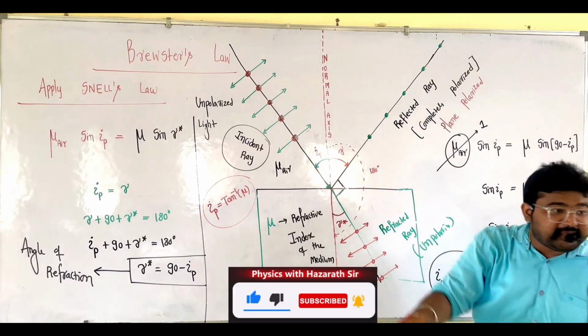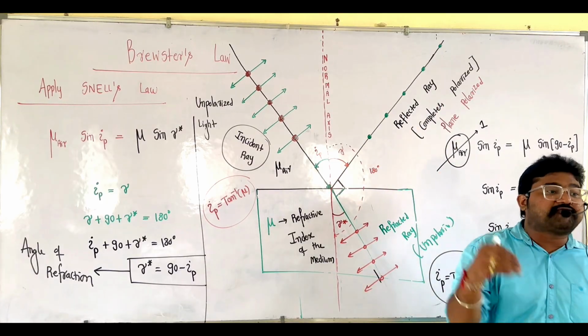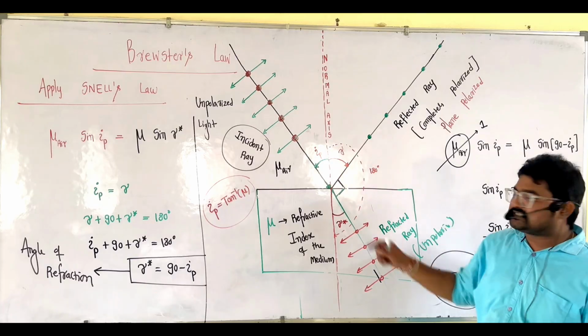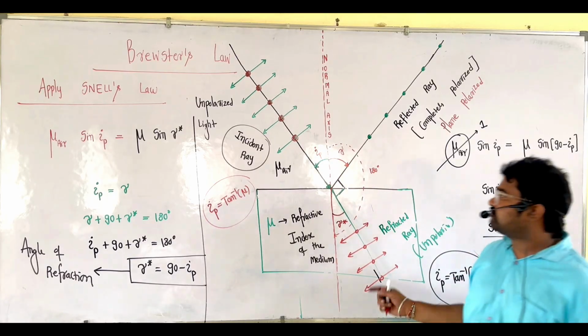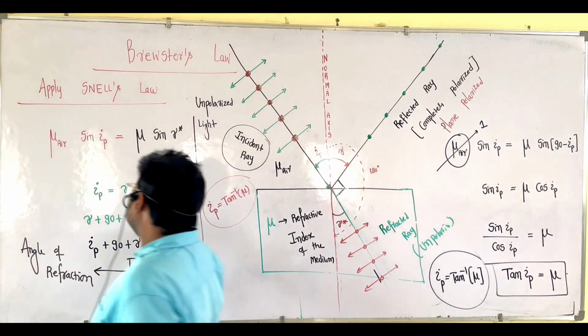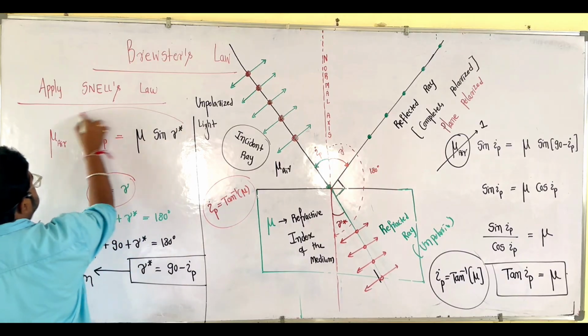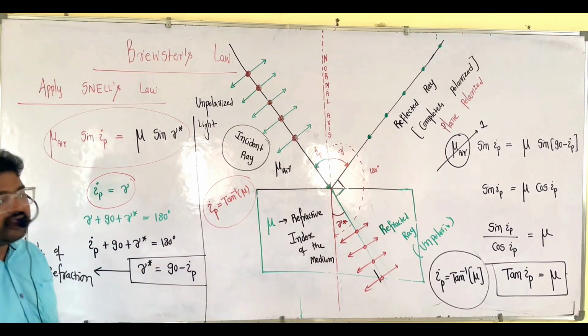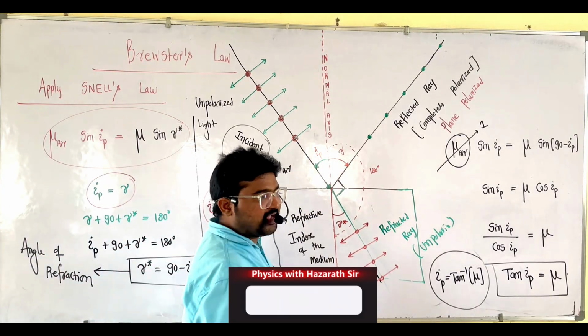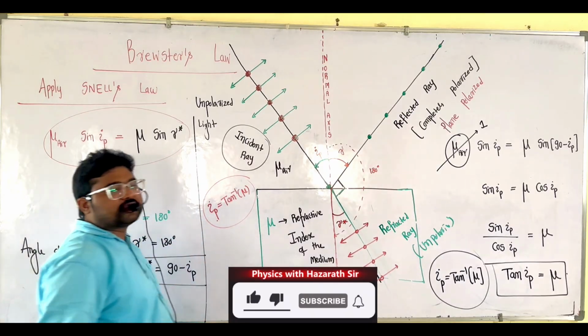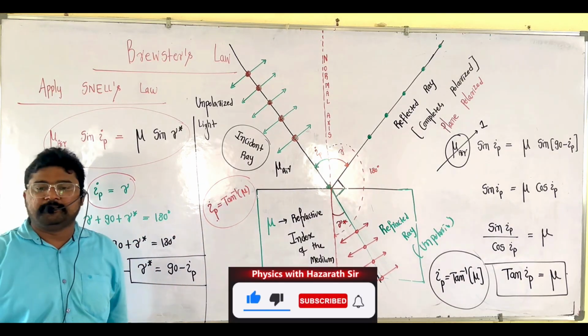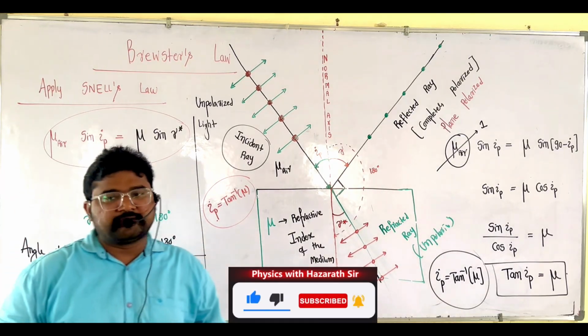The reflected ray must be perpendicular to the refracted ray. These two must be perpendicular. After that we applied the law of reflection, Snell's law and geometry. Finally what is obtained? IP equals how much? Tan inverse of mu. This is all about Brewster's law.